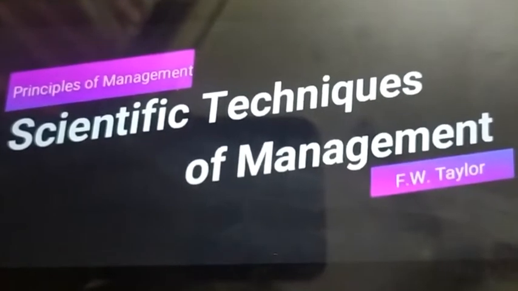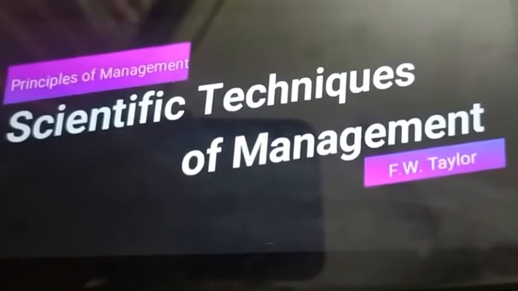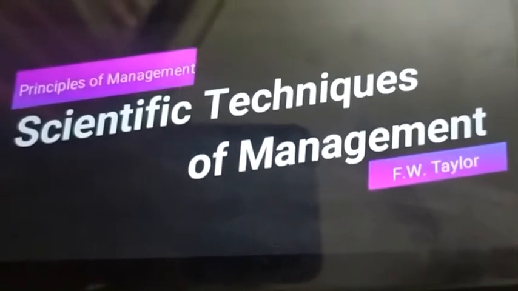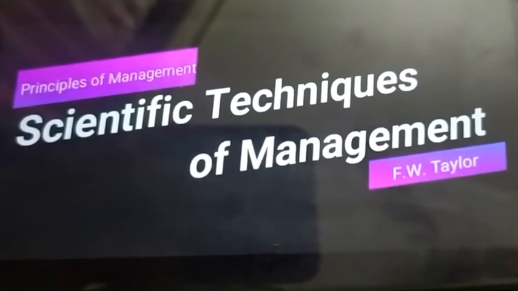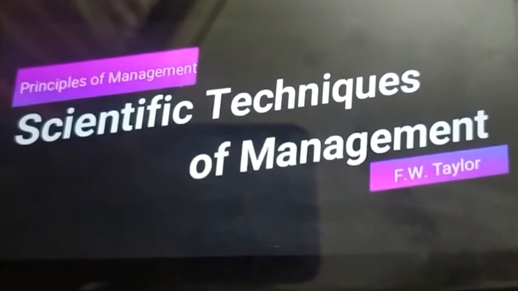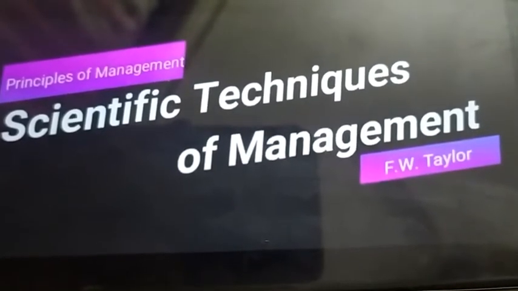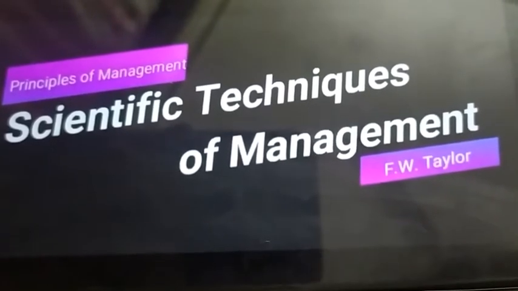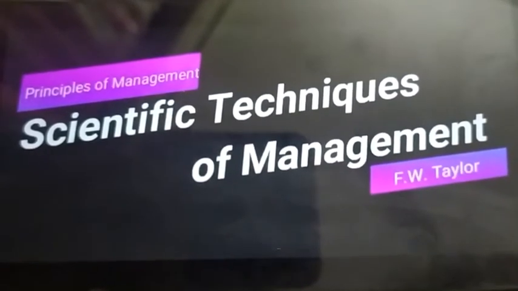F.W. Taylor developed the principles of scientific management, and along with these principles he also developed different methods and techniques, which he stressed that effective implementation in a workplace will lead to the best results in the organization or in management. Taylor made these techniques after numerous experiments and observations.